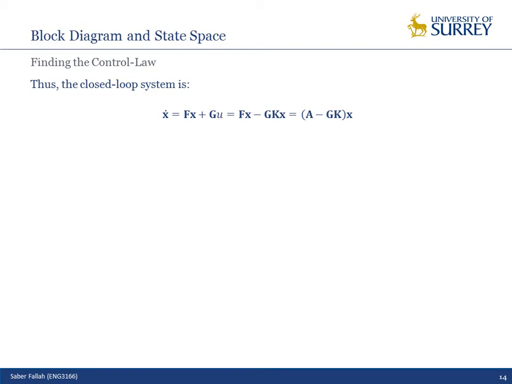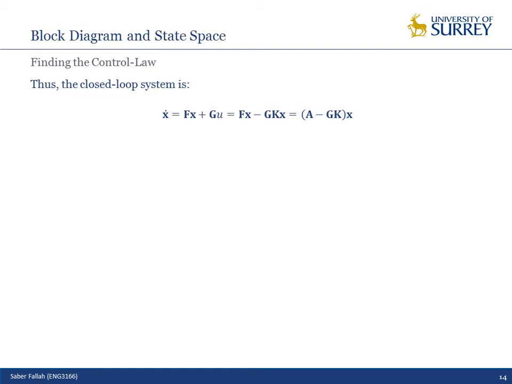Where did you get the A from? A is the system model, the system matrix. x dot is equal to Ax. But if I have the control, I can change the system matrix by gk. If I find the proper gain k, I can change the location of the poles.